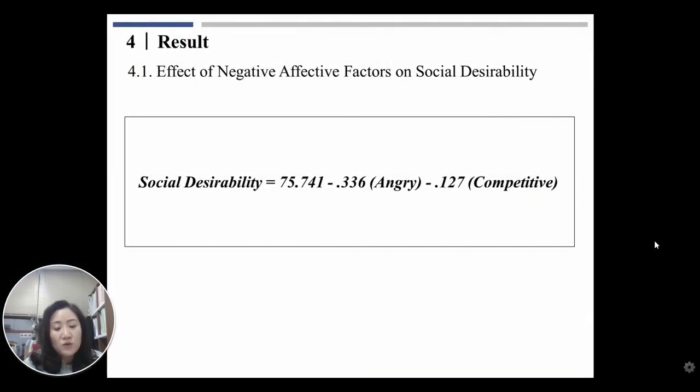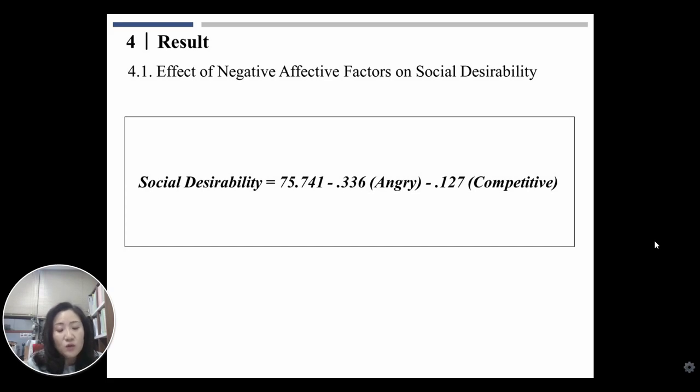The regression equation showing how negative emotion explains social desirability is as follows. In this equation, minus 0.336 and minus 0.127 are the standardized regression coefficients when each variable is standardized.